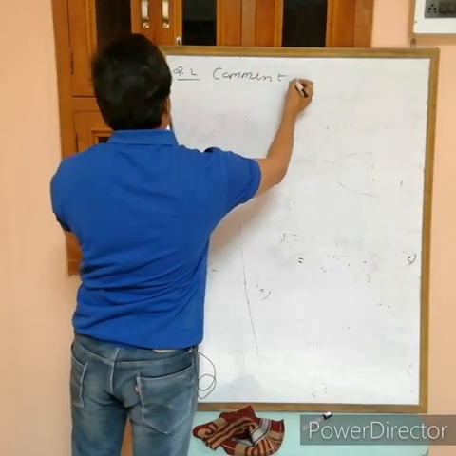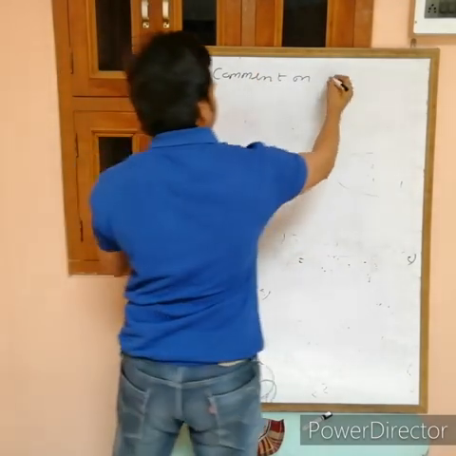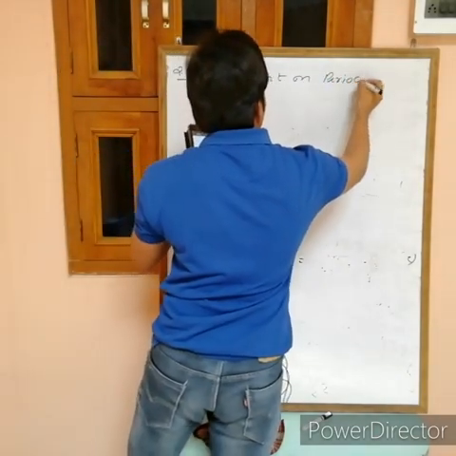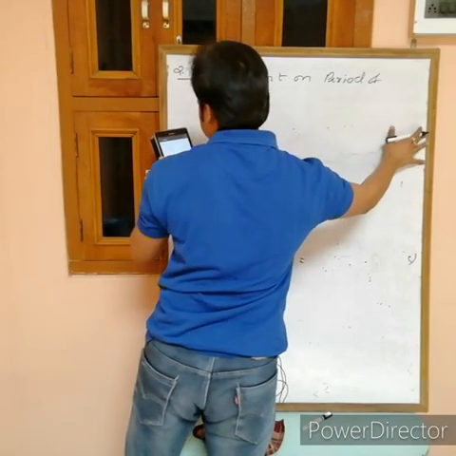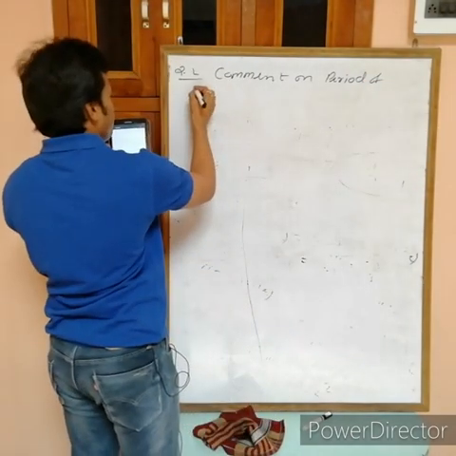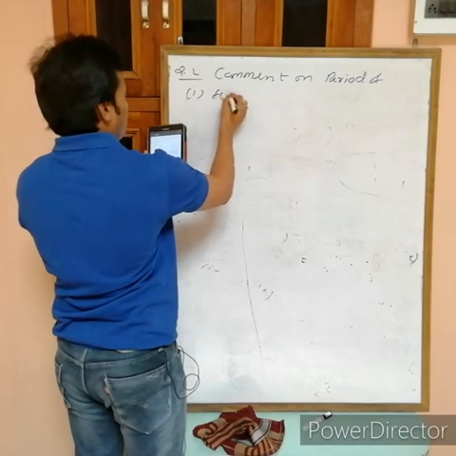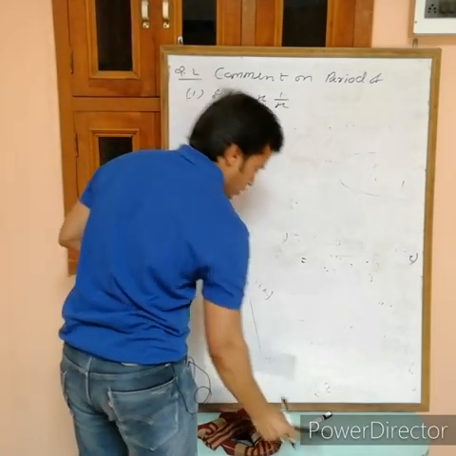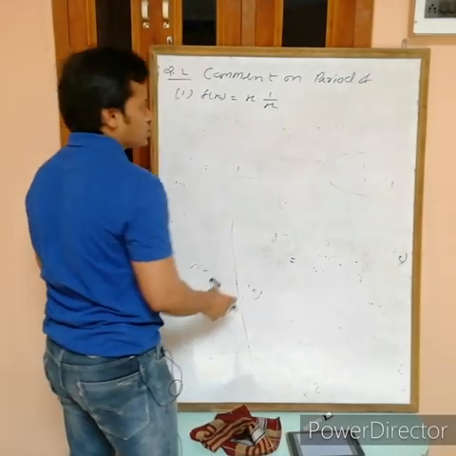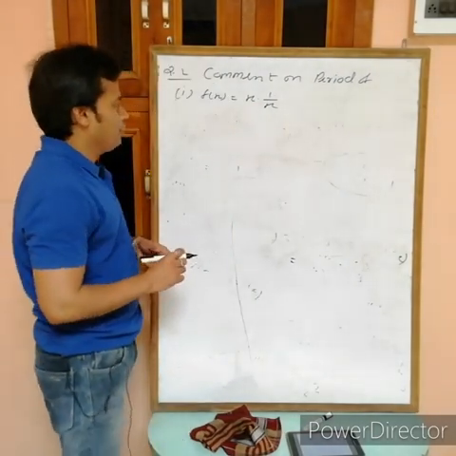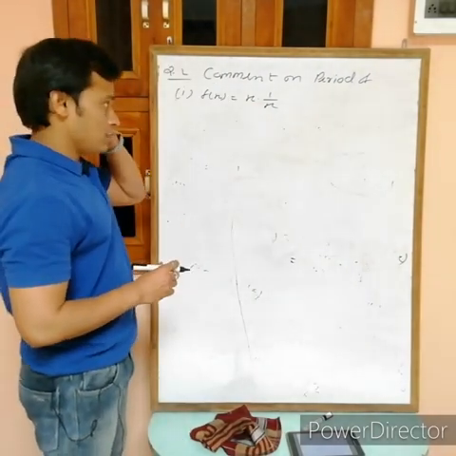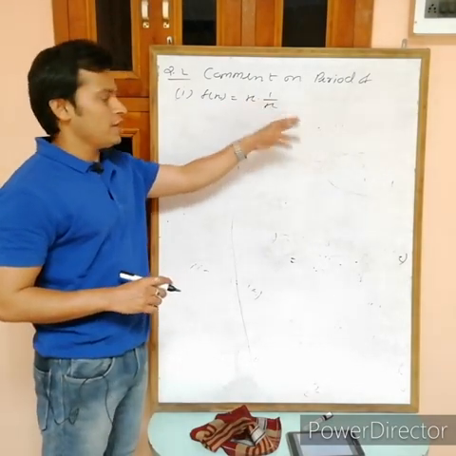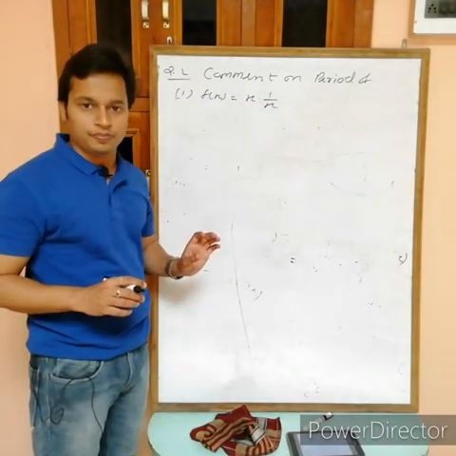Comment on the period of the first one, f(x) equal to x into 1 by x. Now you want the period of this one. First, if you solve this one, x cancels out and we get 1.